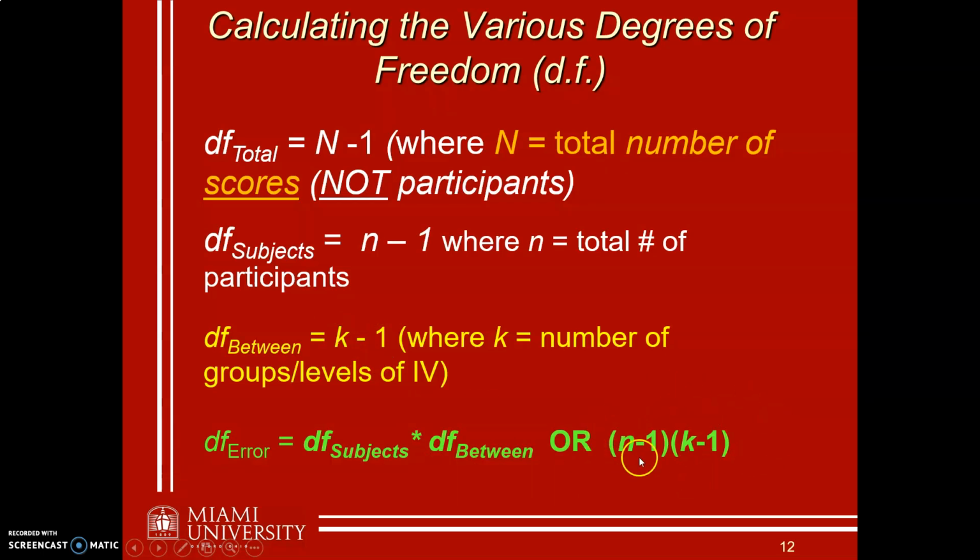So this is what goes in the denominator, which was a little bit different than our between subjects design where we had n minus k. Our degrees of freedom for our numerator is going to be k minus 1, that's the between part, and then this is the part that we have left over to wrestle with that will go in the denominator.